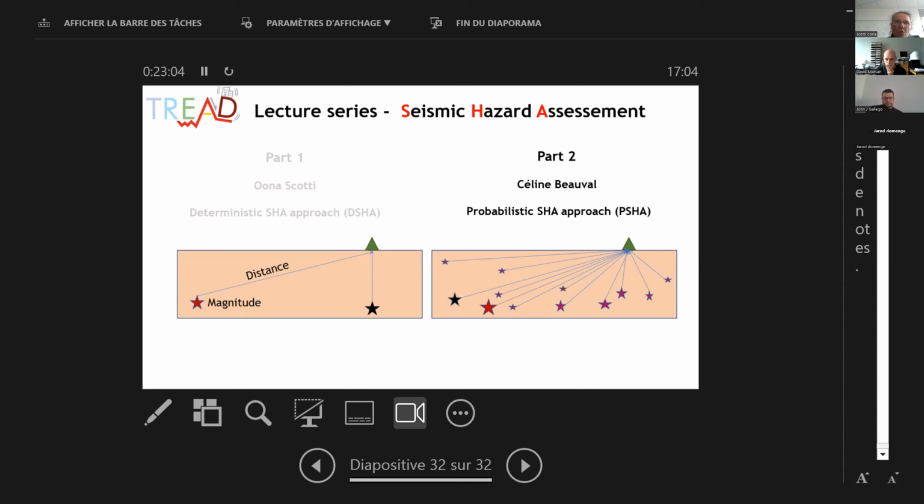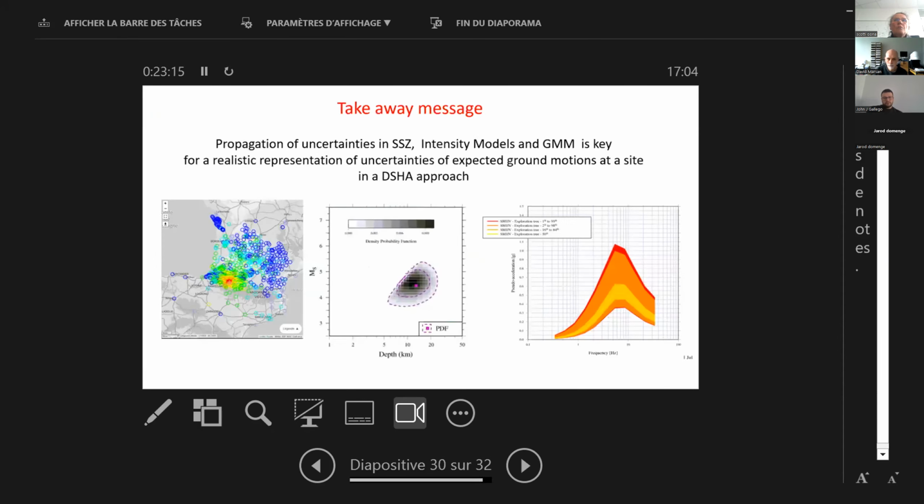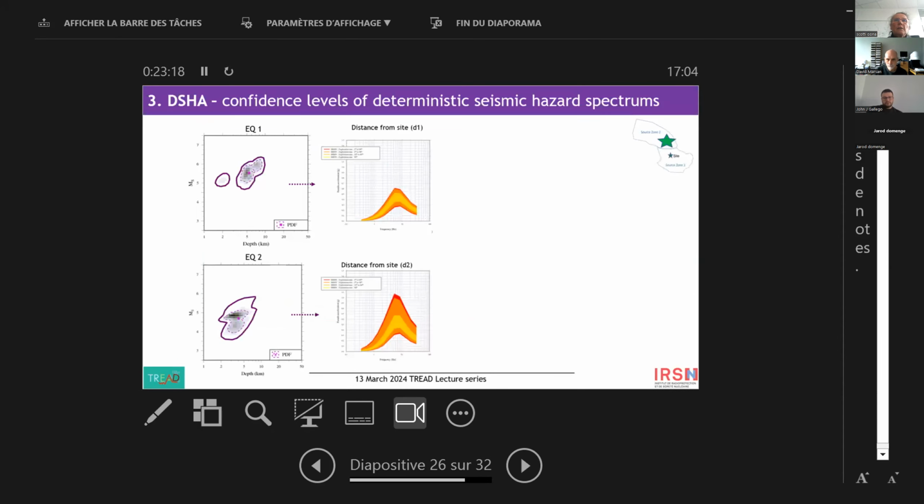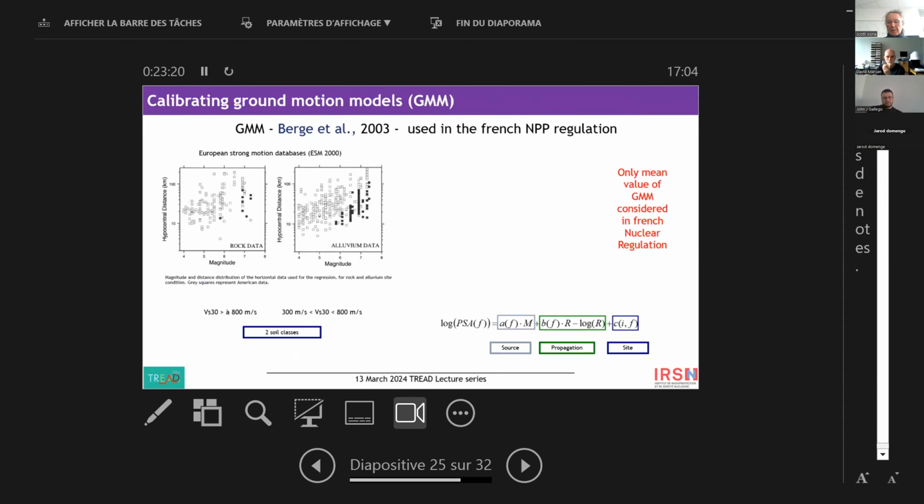But when you go even to the Alps or the East, in higher moderate seismicity regions, and you do a full PSHA, and you propagate also the uncertainty due to ground motion models that we ignore, then you can have a probabilistic seismic hazard that can lead to higher values than the deterministic hazard.